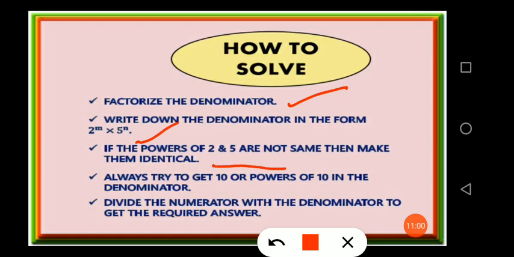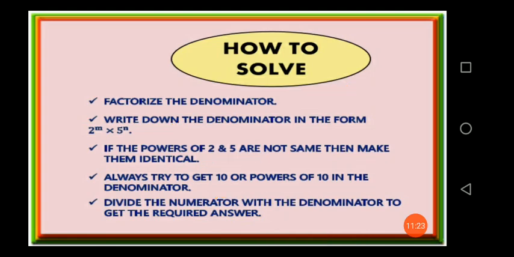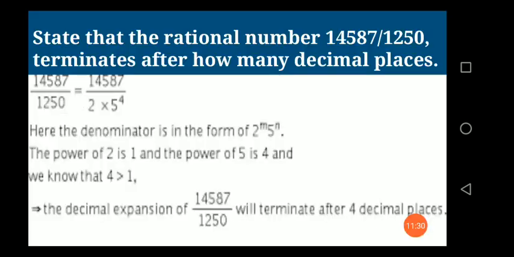If the powers of 2 and 5 are the same, then it's good, but if they are not the same, then we will make them the same and try to get a power of 10, and thus we can divide the numerator by the denominator to get the answer. I hope till now you have understood everything. Now move towards the next question.